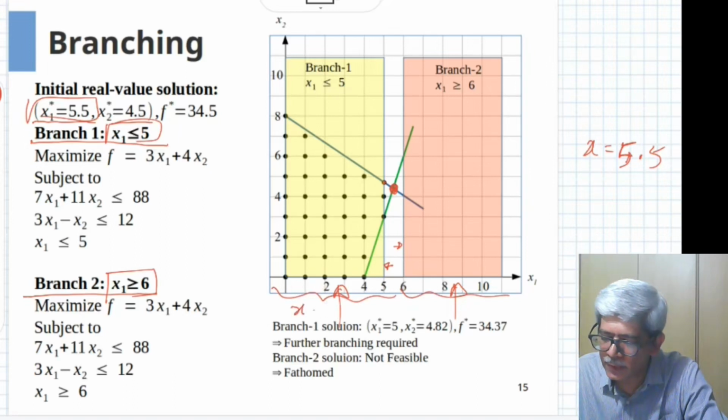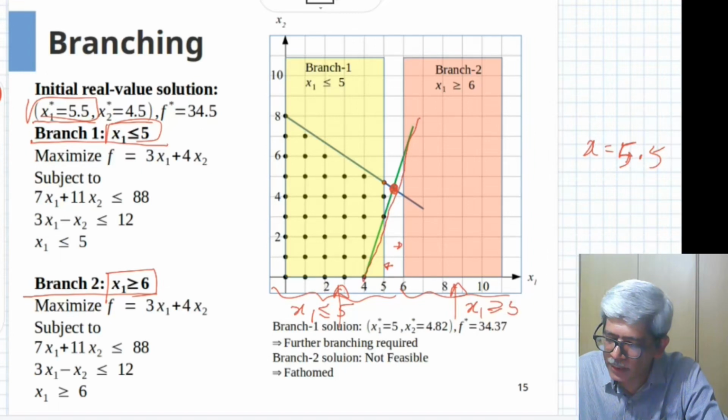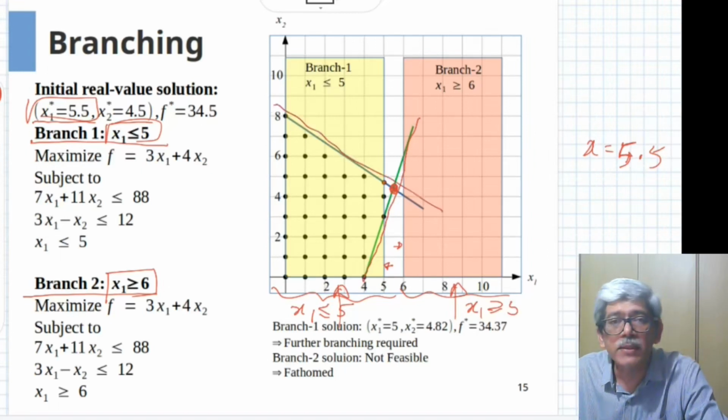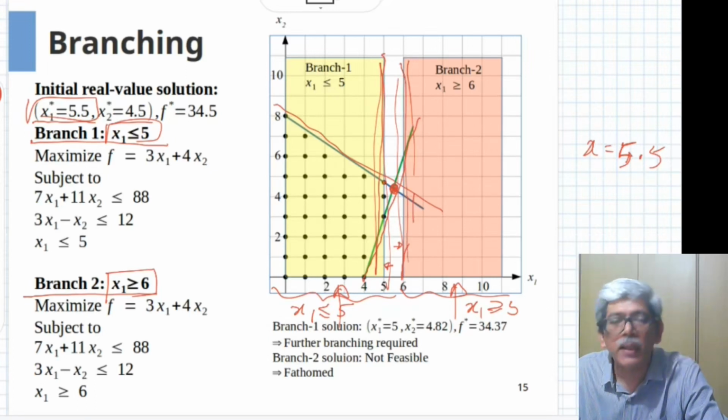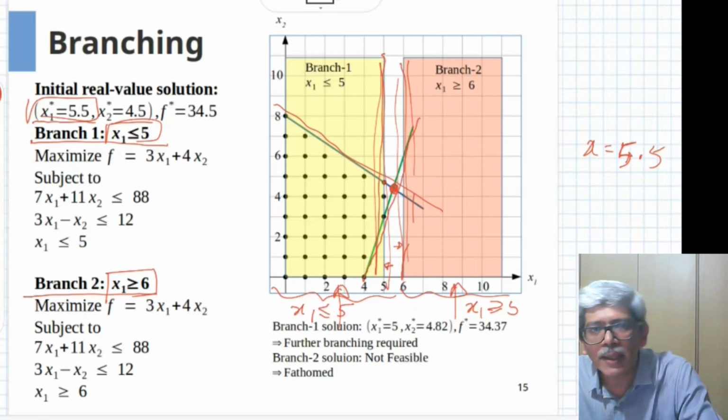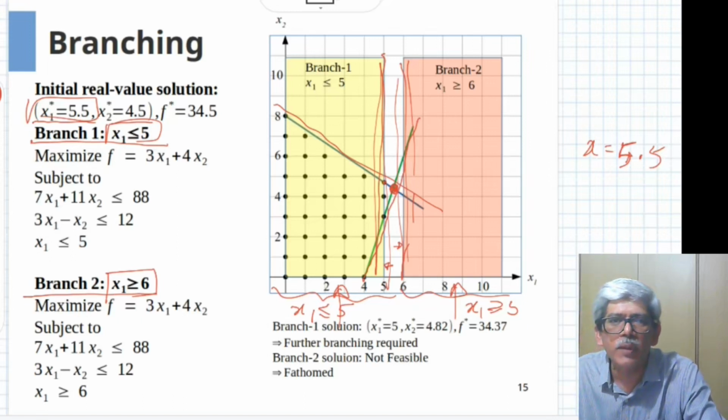In addition to the original constraints of the problem, represented by these straight lines, you have one more additional constraint here. For each of these branches, the yellow branch and the red branch, you will have to find the solution to the problem, again the real value solution to the problem.